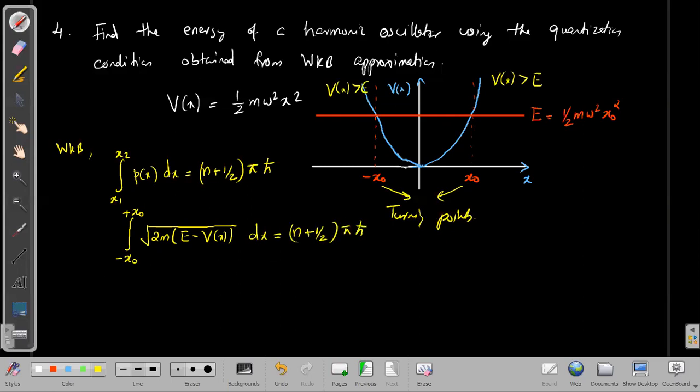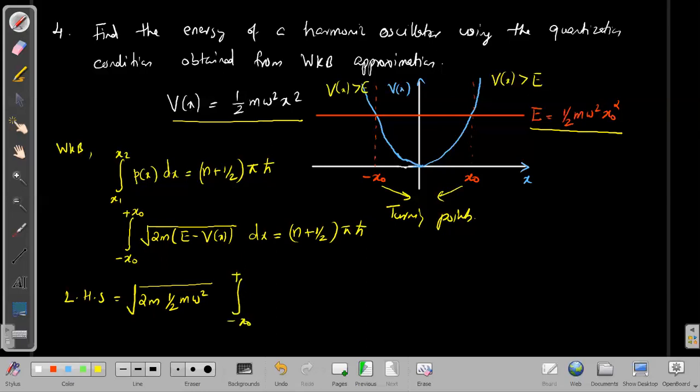Now we can do the LHS first. In the LHS, E is half m omega square x0 square, and V of x is this. Therefore square root of 2m can be taken outside, and in the energy, half m omega square is common. So the integral from minus x0 to plus x0.